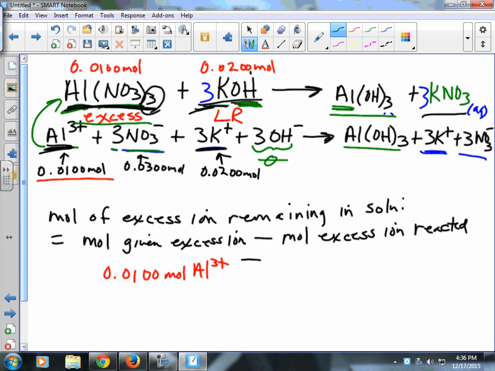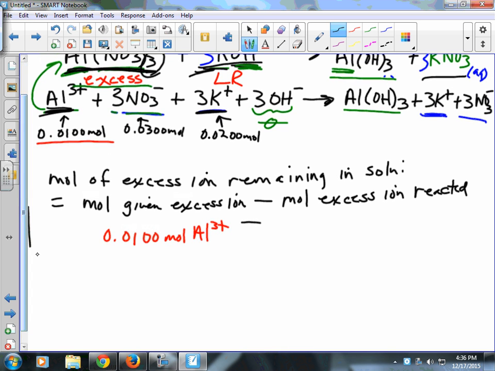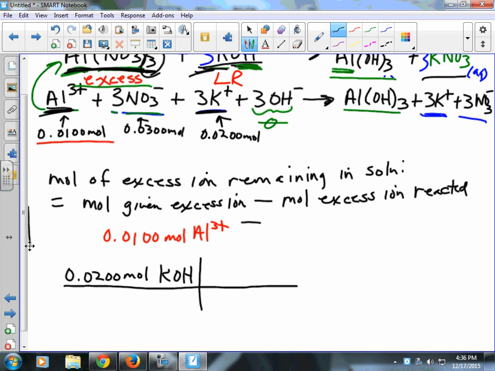Okay, so we had 0.02 moles of KOH, our limiting reactant. So we're going to change moles of KOH to moles of aluminum nitrate.